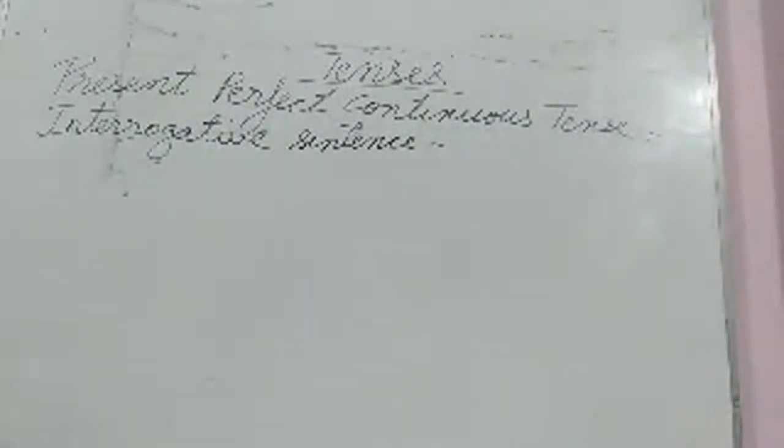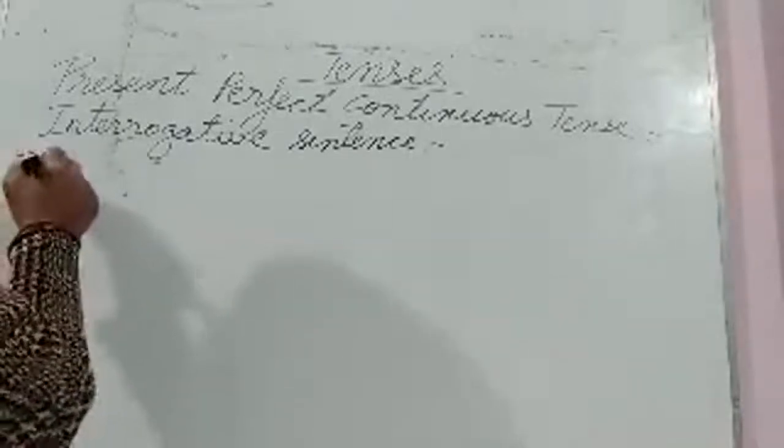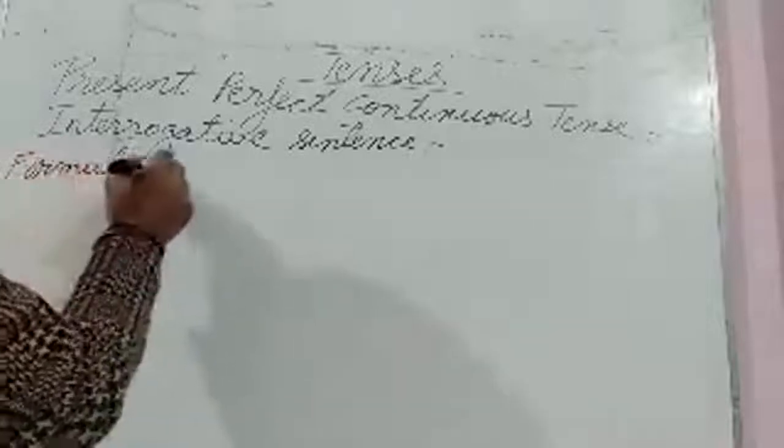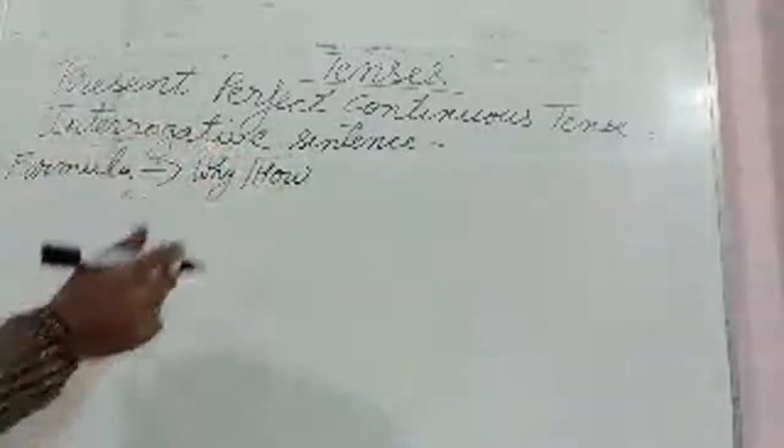So, the formula for the interrogative sentence in present perfect continuous tense. This slash means, I'm again repeating, slash means or. You can't place why or how together in one sentence. So slash means or, between why or how.